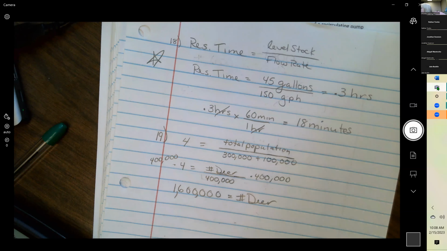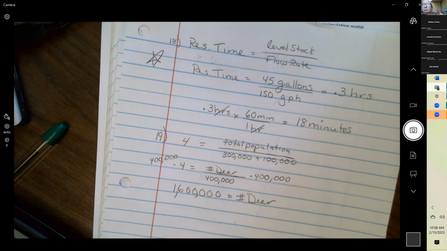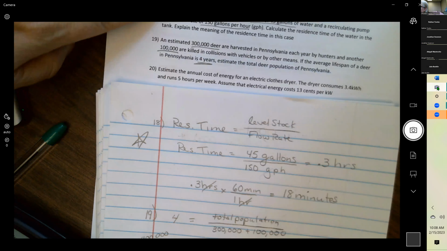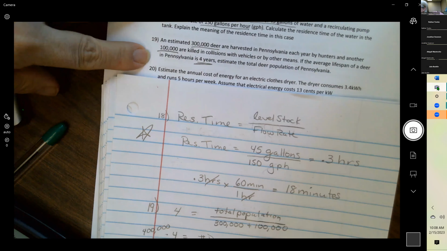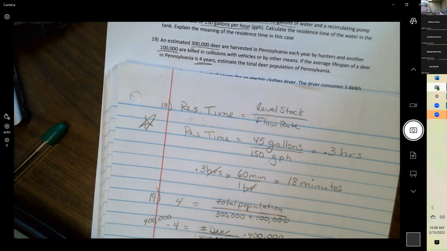Oh, another thing on the test, I put to write all answers in complete sentences. So make sure when you get your final answer, you put it in a complete sentence. The number of deer in Pennsylvania is around 1.6 million.